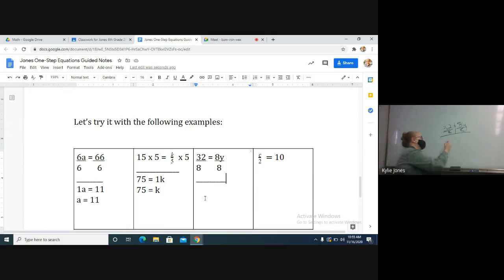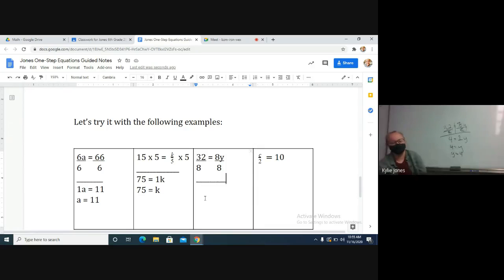What do you get? 4 equals. Now on this side, 8y divided by 8. You can kind of ignore the y first. What is 8 divided by 8? 1. And you're left with your y over here. So they cancel to become 1. Another way to write that would be 4 equals y. And if you would like to flip it, y equals 4 is also correct.